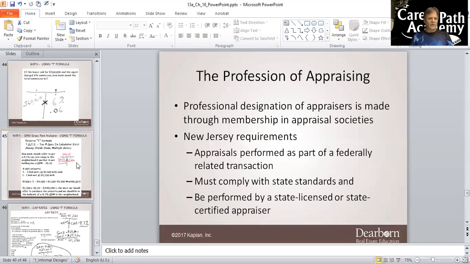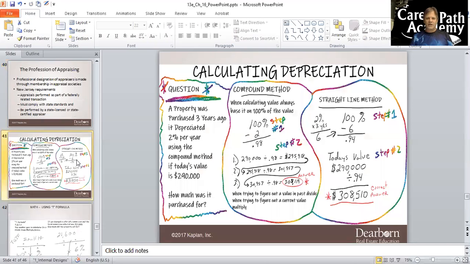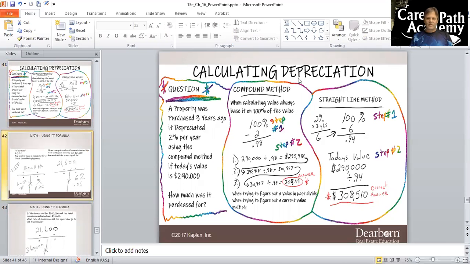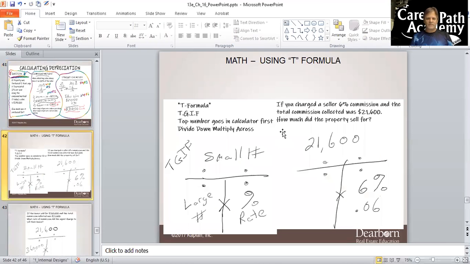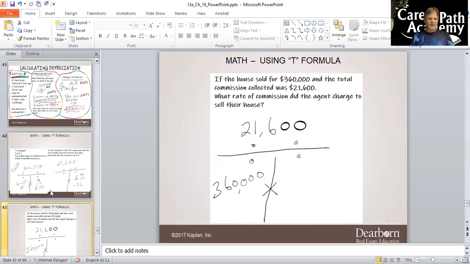Oh, look at this. I had some of those other math problems at the end of this chapter too. Check this out. Calculating depreciation. Here's a question. Compound method, straight line method. Some more math using the T formula, how to use it.